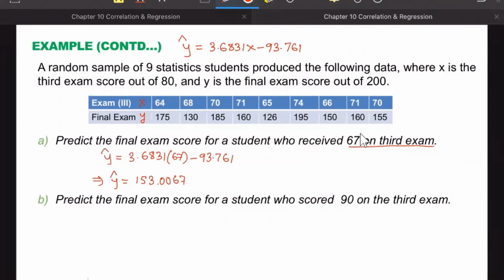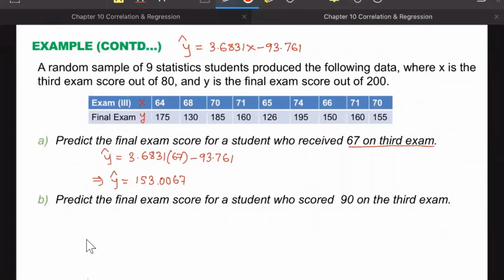So we can plug the value into the equation and find the final exam score. Do you have any question on the first part? No question? Okay, then look at the second part.